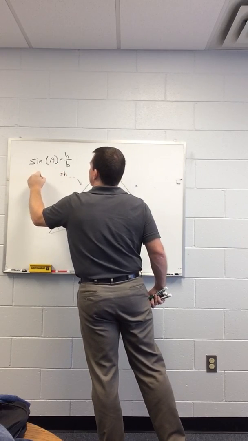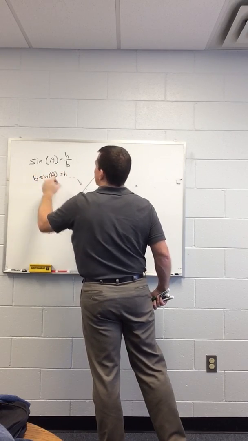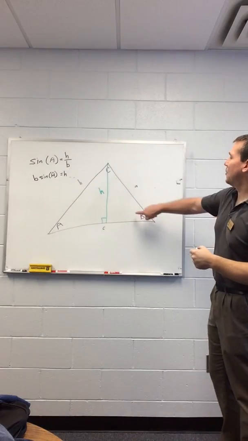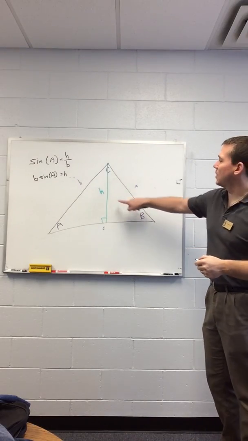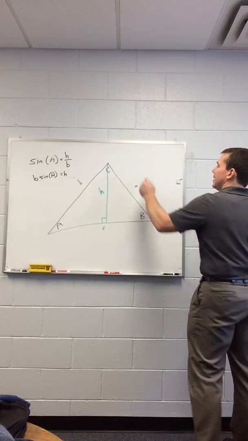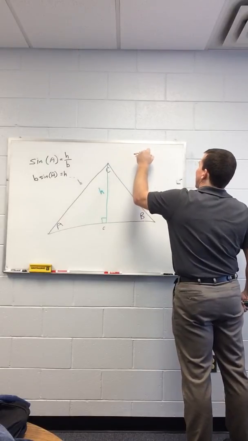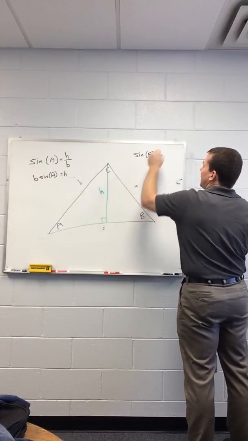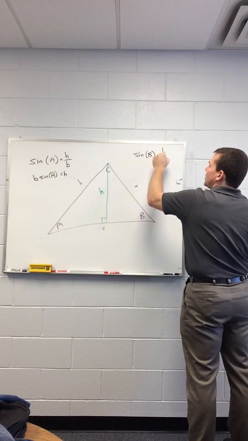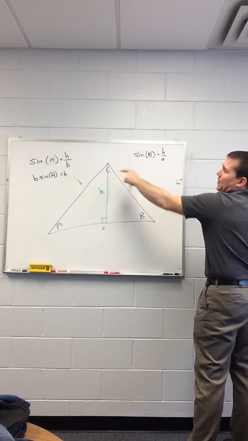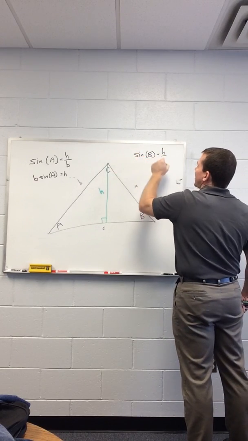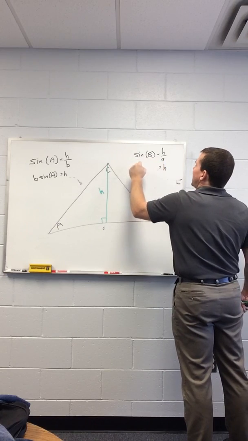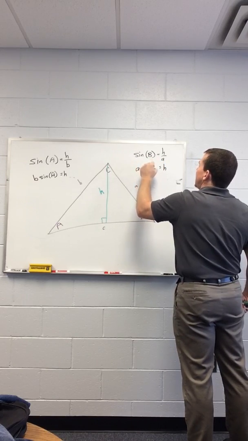So I get h equals b sine A. But then over here on this side, I'm going to do the same thing with B, h, and a. So I get sine of angle B equals the opposite h over the hypotenuse a. And again, just like over there, I'm going to multiply the a over to get an equation for h. So I get h equals a sine B.